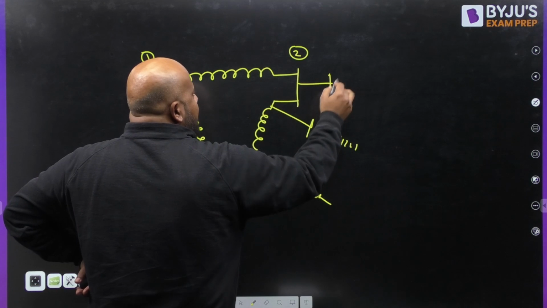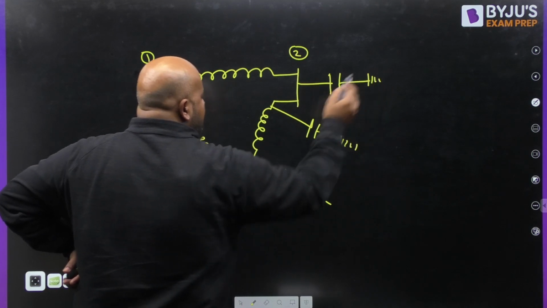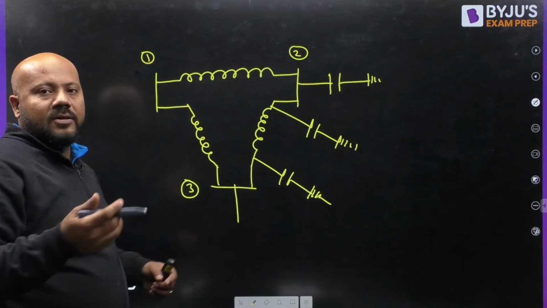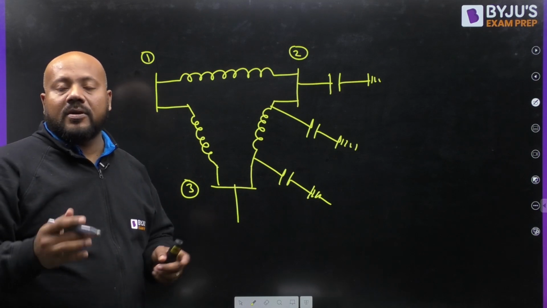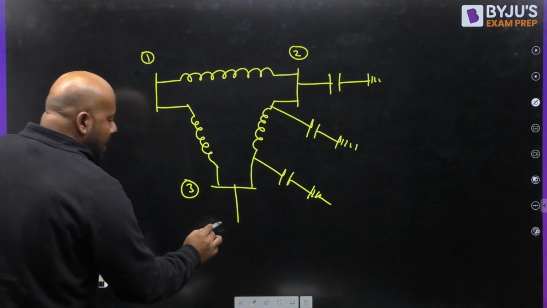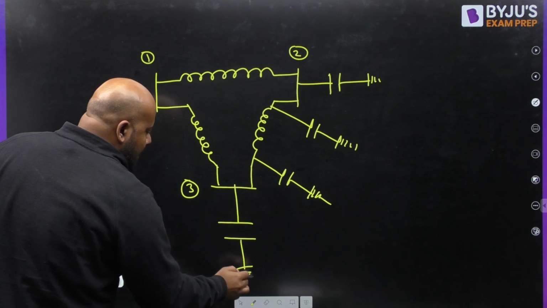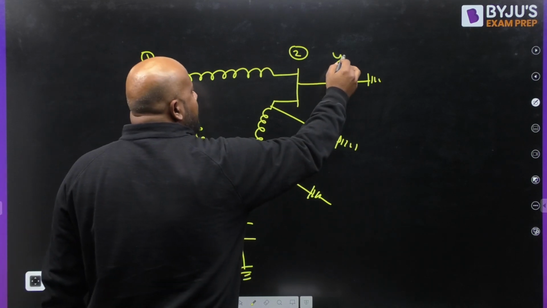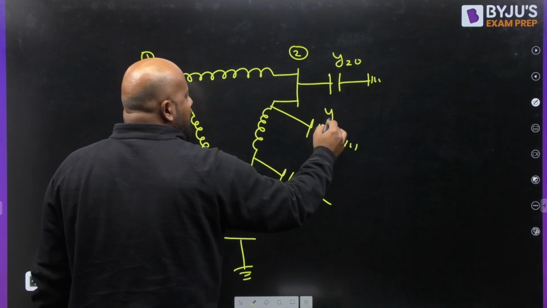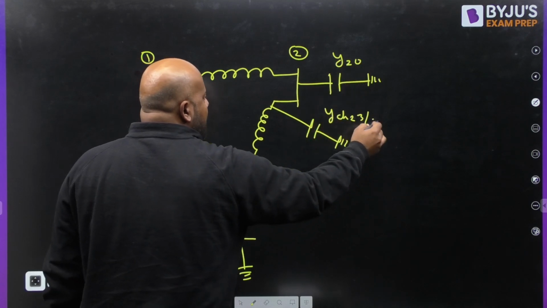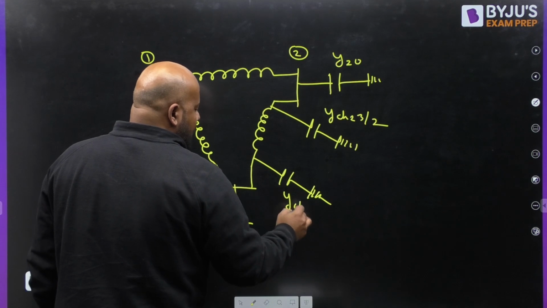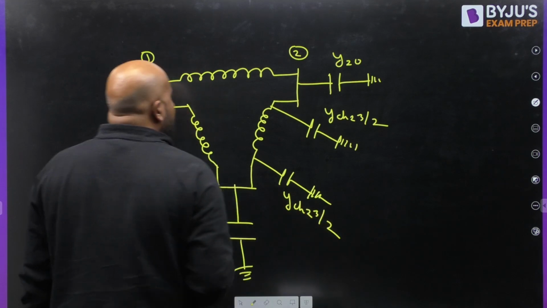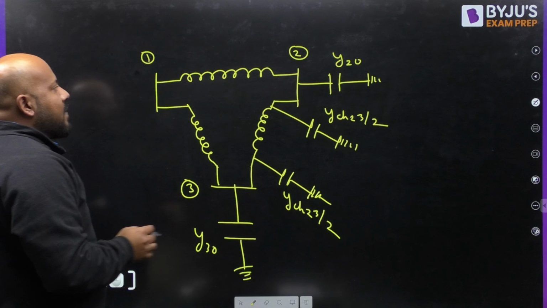Bus number 2 has some shunt capacitance, because shunt reactor is not possible as per the question, so the only possibility is shunt capacitor. And bus 3 also can have some shunt capacitor as Y30. This is Y20. This is Y charging 23 by 2. This is Y charging 23 by 2. This is Y12. What is Y12?